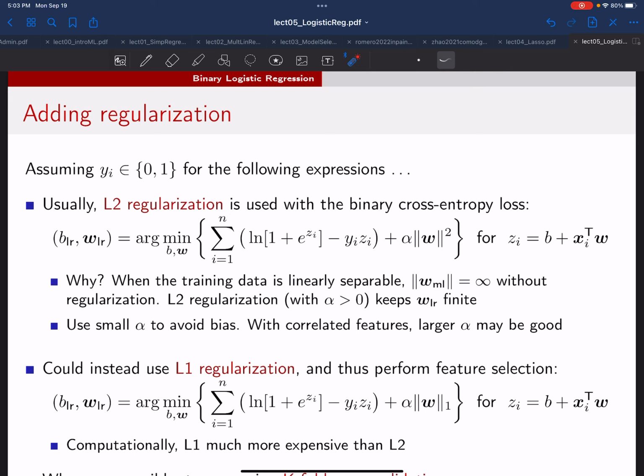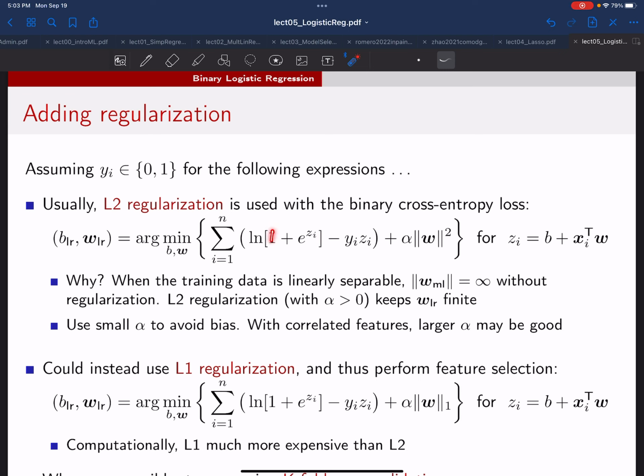The reason why that happens is when the data is linearly separable, yi and zi always have the same signs. So this quantity is always positive, and that means this is always negative. And it turns out that this quantity here will overwhelm this. If you didn't have the 1 here, if you took the 1 away, this would just be zi.